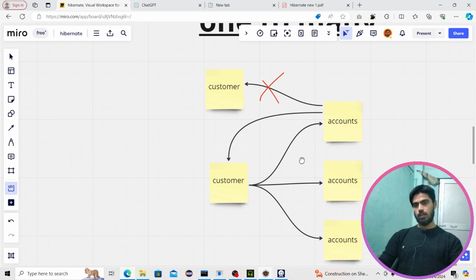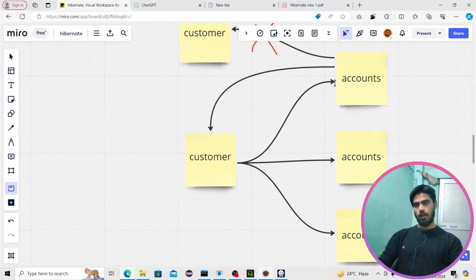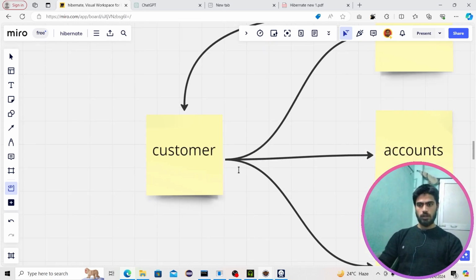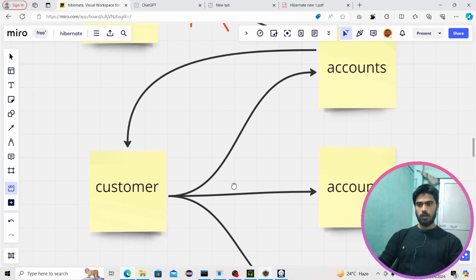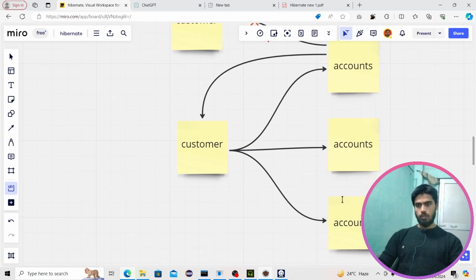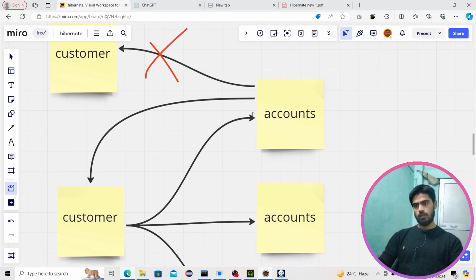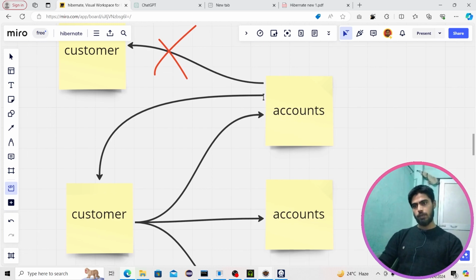Suppose there is a customer, and the customer has multiple accounts. One customer can have multiple accounts. But what will happen if we see this from the opposite side? One account is not going to have multiple customers.